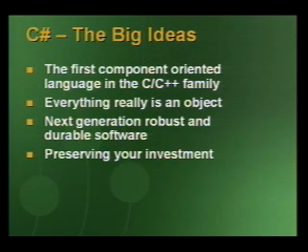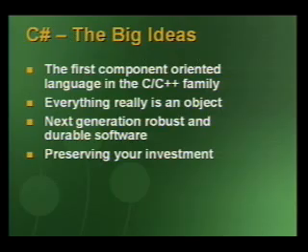Before we get into the technical details of the language, I thought I'd give you an overview of some of the key design ideas that we had behind the language when we designed it. C# is what we call the first component-oriented language in the C and C++ family. It's also a language in which everything truly is an object.